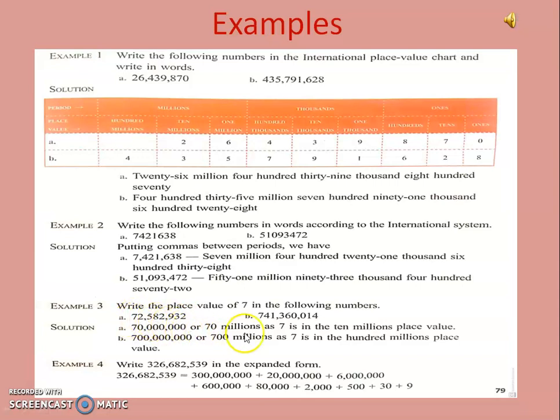So 7 is in the place of 10 million. So we will write it as 70 million or 70 millions, as 7 is in the 10 millions place value. Similarly, you can solve the B part of example 3 also.